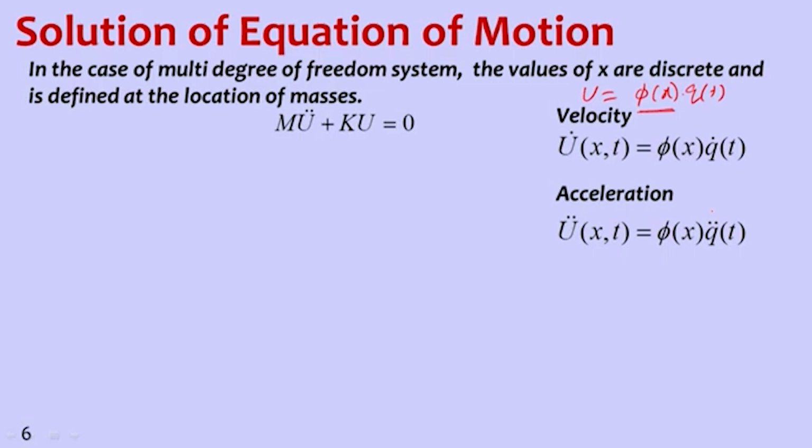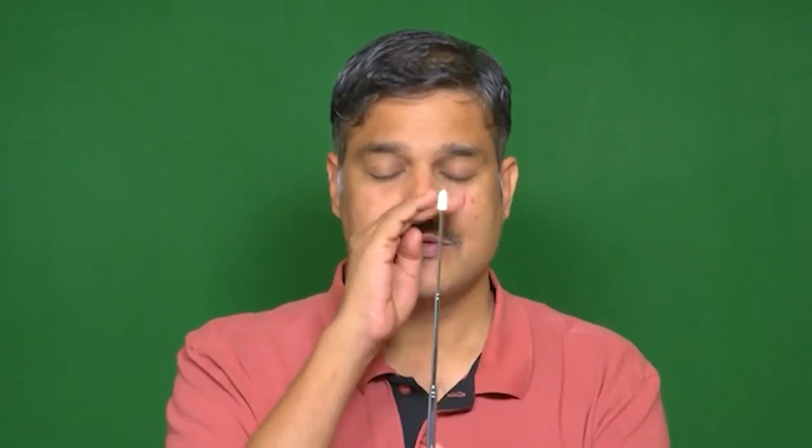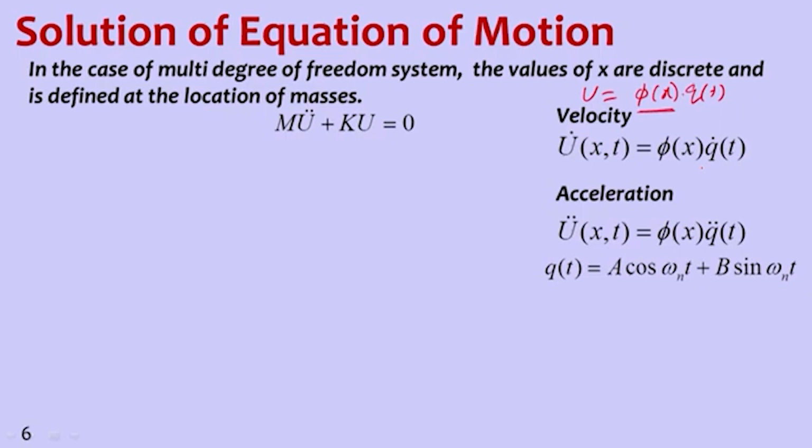Now what is q dot? If a structure is vibrating, it is vibrating in simple harmonic motion. So we can write that simple harmonic motion as q of t equal to a cos omega n t plus b sin omega n t, as in the case of a single degree of freedom system. We know that this represents simple harmonic motion.